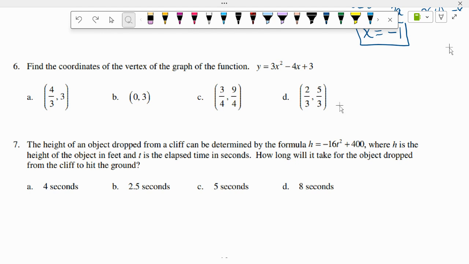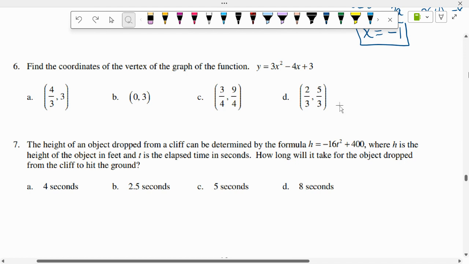Y equals 3x squared minus 4x plus 3. So where does it go to? Where does it cross? Like, what's your vertex? Do you guys see it? Can I come and look at your paper? Because I can't see it on my screen. Y equals 3x squared minus 4x plus 3.